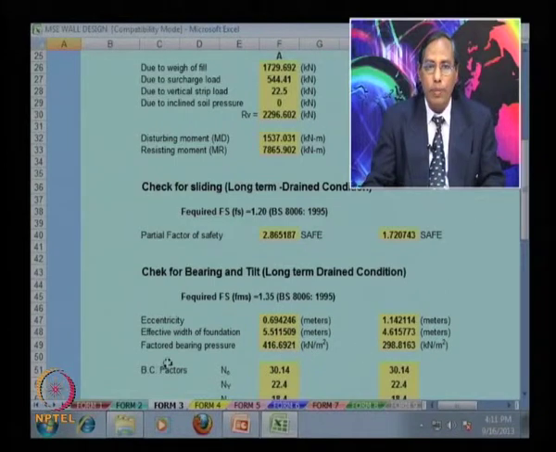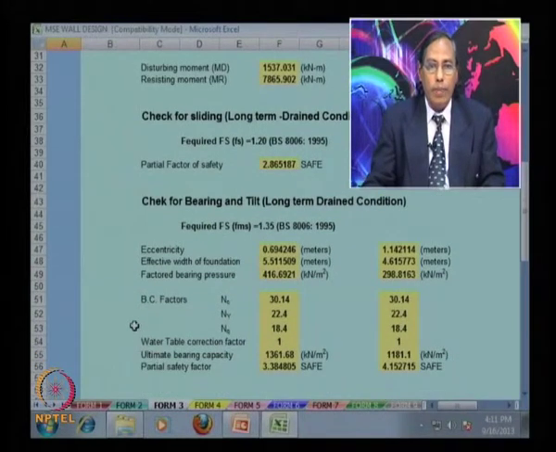You know the effective width is L minus 2E. Factored bearing pressure in case A is 416.6921 kilonewton per meter square, and for B 298.8163 kilonewton per meter square.